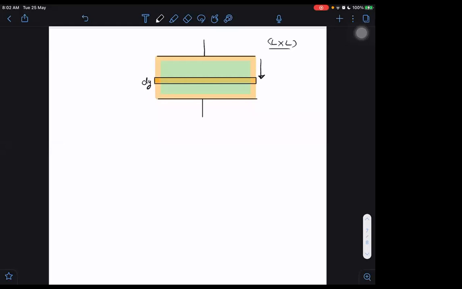And the dielectric constant varies linearly from one end to the other end.